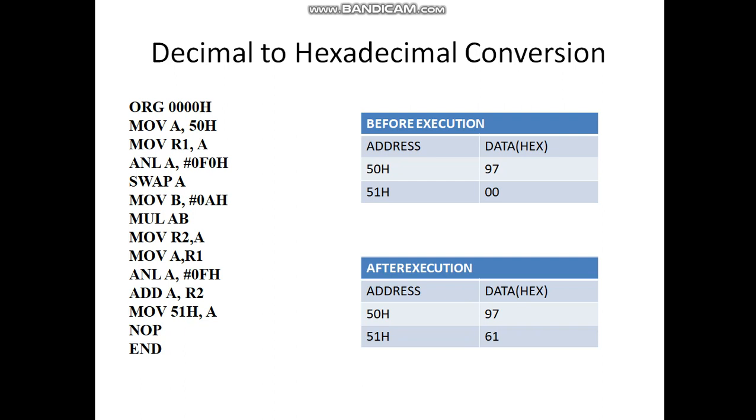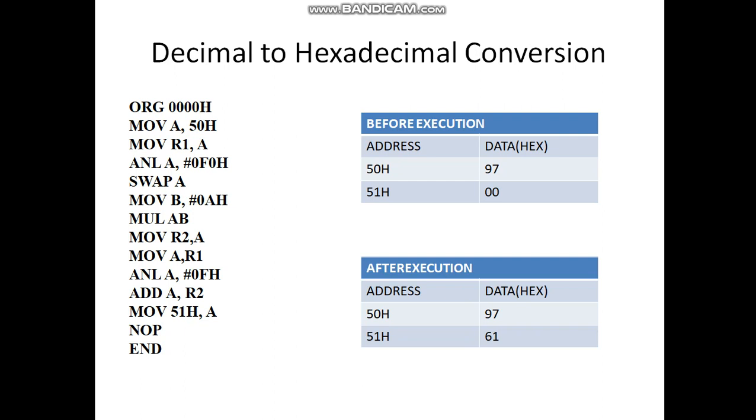You have to perform bitwise AND operation of 97 with F0 and then swap it so that you get 09. So here 97 is ANDed with F0. You get the result as 90. You swap it, so you get the result as 09.